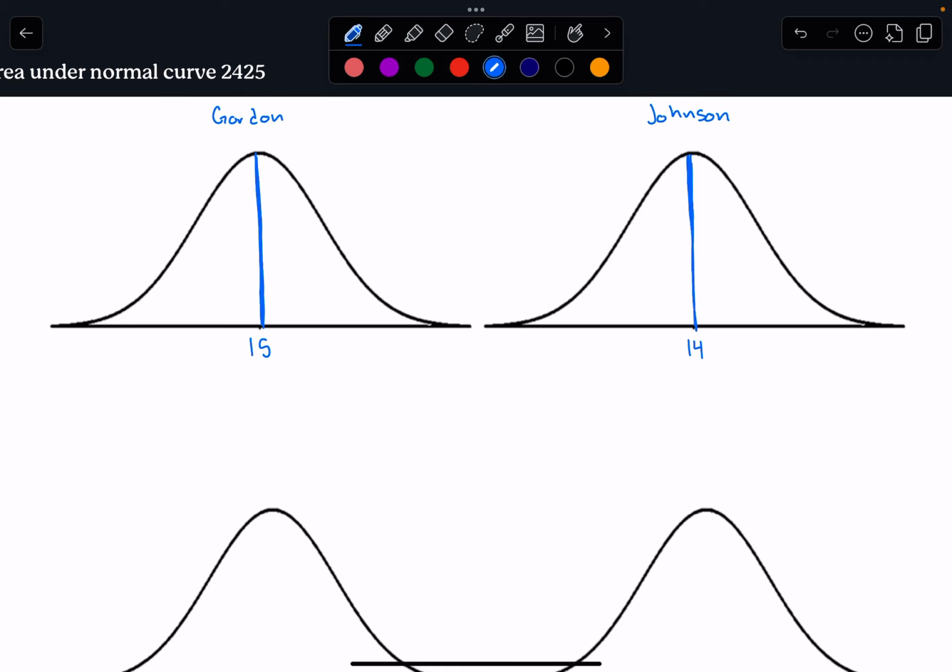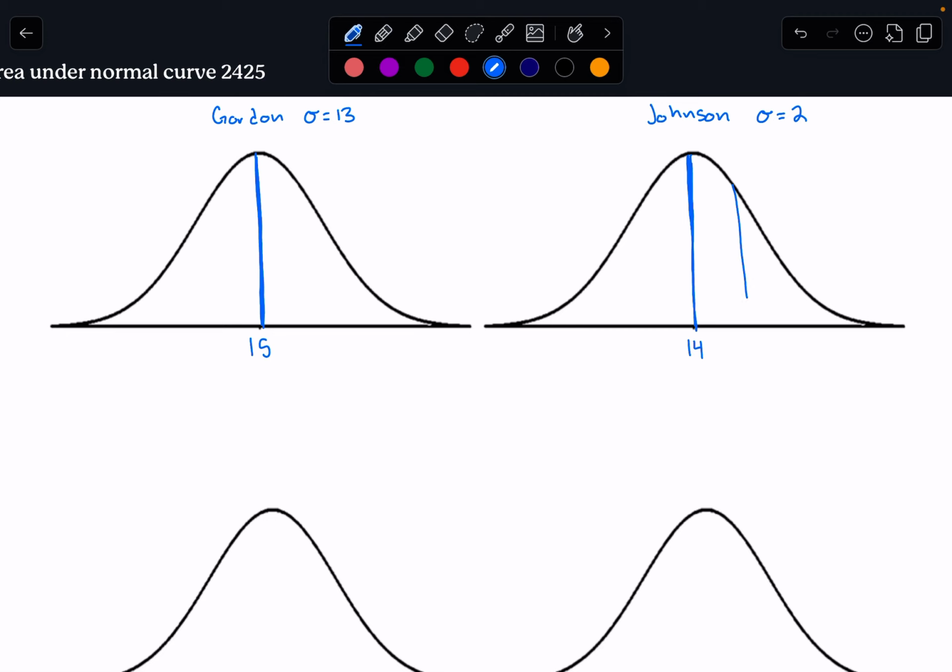Now, they both had an average and a standard deviation. They are both distributed normally. The difference is Gordon's standard deviation was 13 points and Johnson's standard deviation was 2. So what that looks like on this chart, every standard deviation, I put another line.